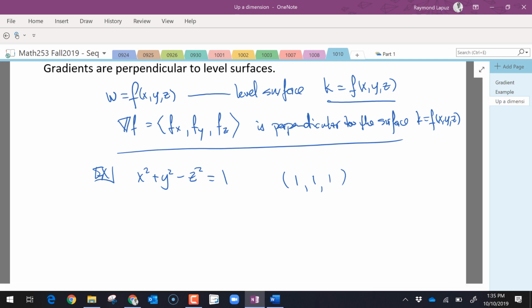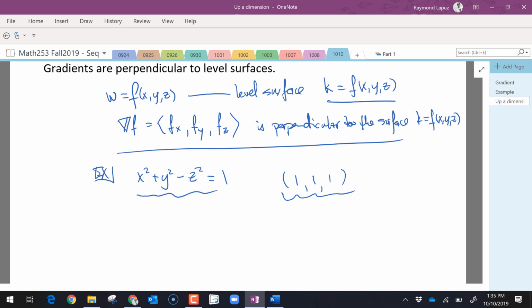Okay, so that works, right? When you put 1 in for x, 1 in for y, 1 in for z, it's going to equal 1. So this is my point, and this is my surface.